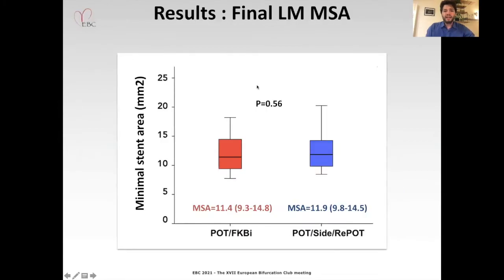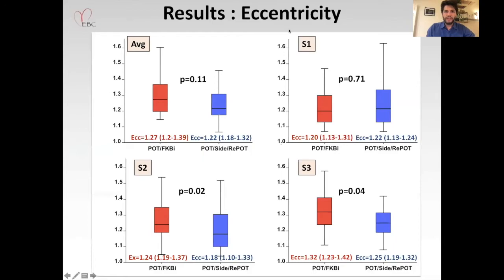There was no impact of the sequence on the final minimal stent area that we measured, but we observed that there was less eccentricity in the distal part of the stent with the POT side RePOT sequence compared to the POT final kissing balloon inflation sequence.